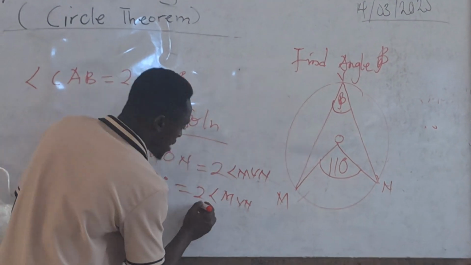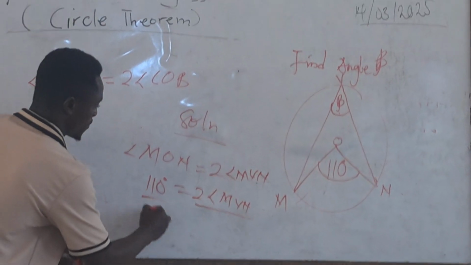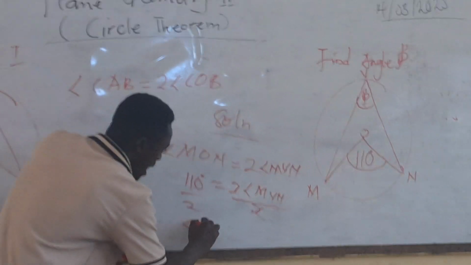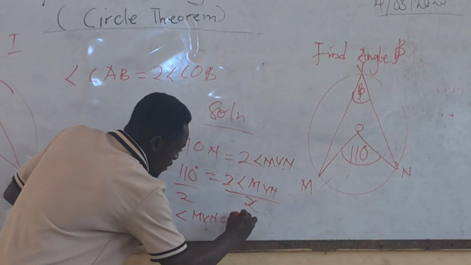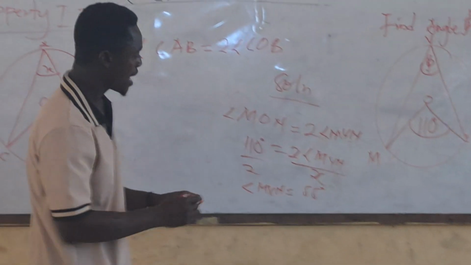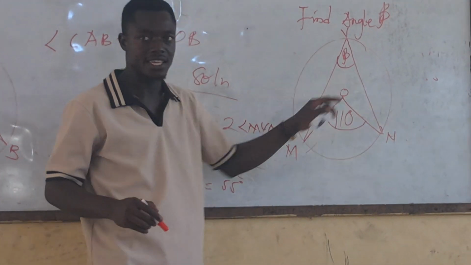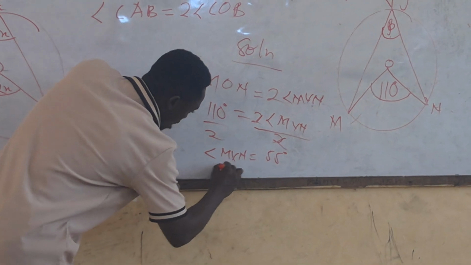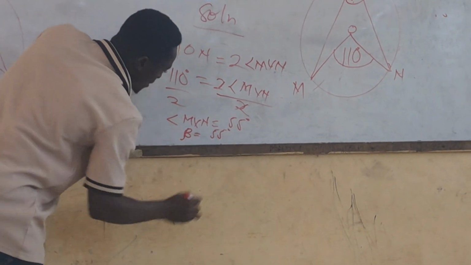We divide both sides by the coefficient of the angle, which is 2. Therefore, angle MBN is equal to 55 degrees. And we know that angle MBN is also beta. Therefore, we can conclude by saying that our beta is equal to 55 degrees.